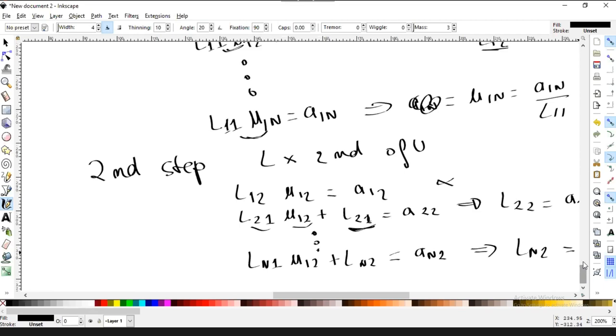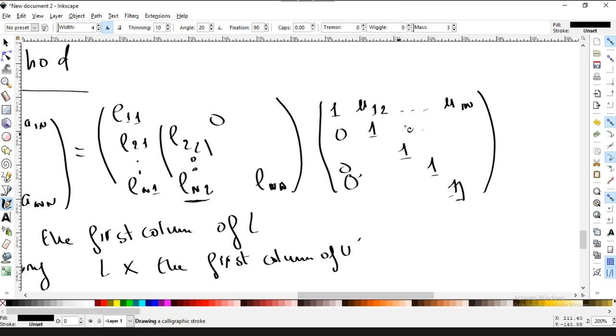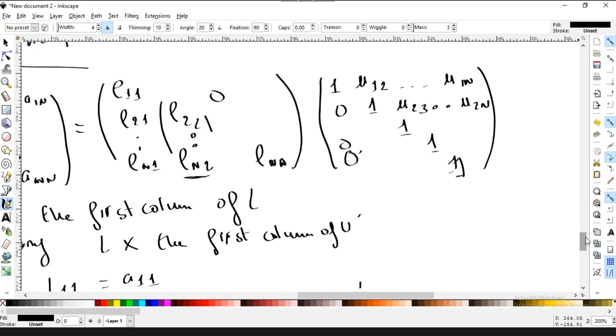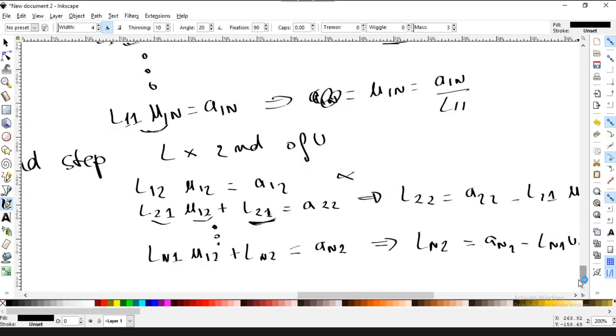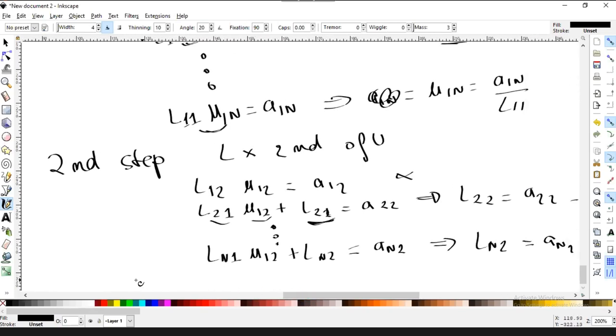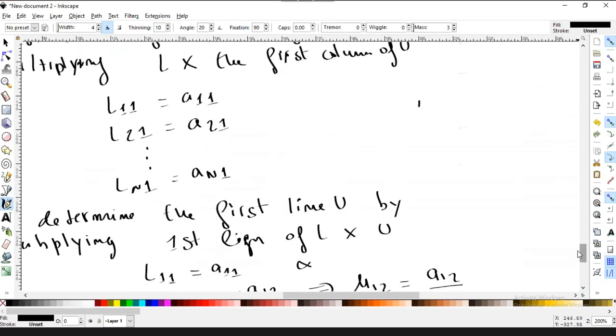And now I can determine the second line of U here, so these elements, U23 till U2N now, by multiplying the second line of L by U. I determine these coefficients.